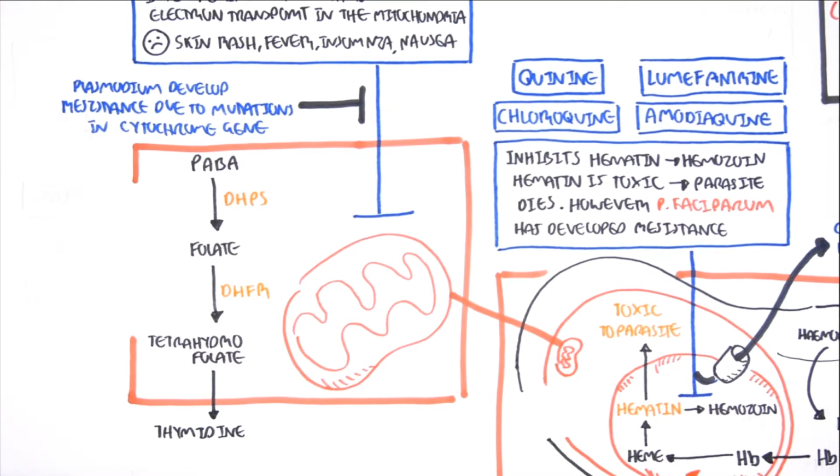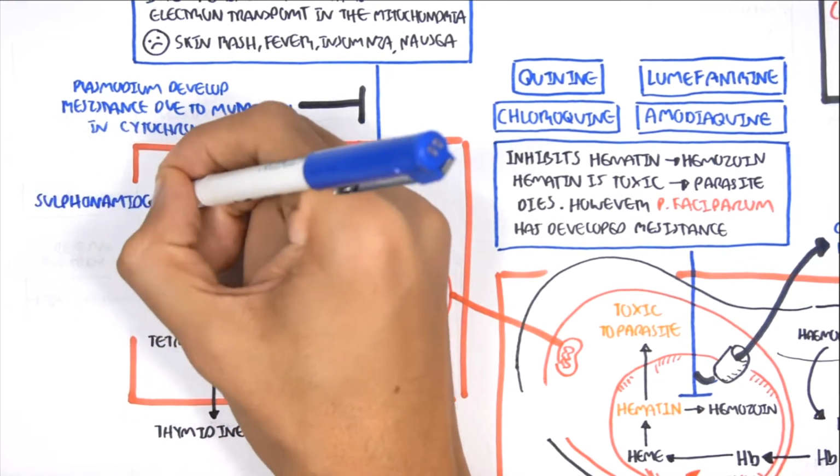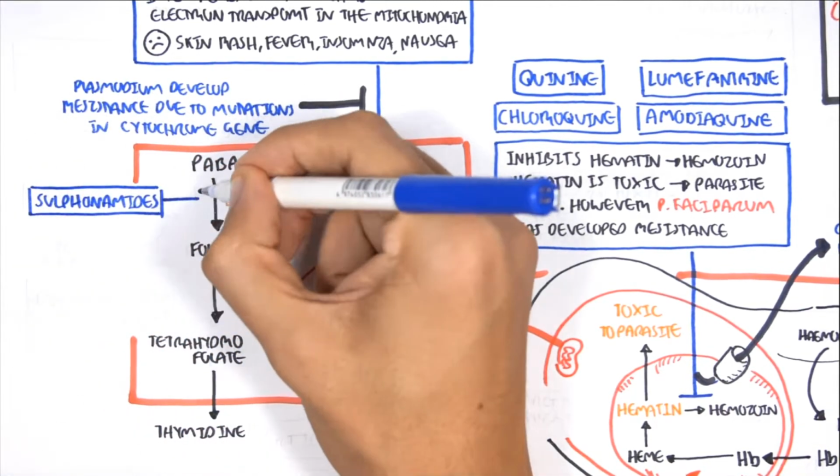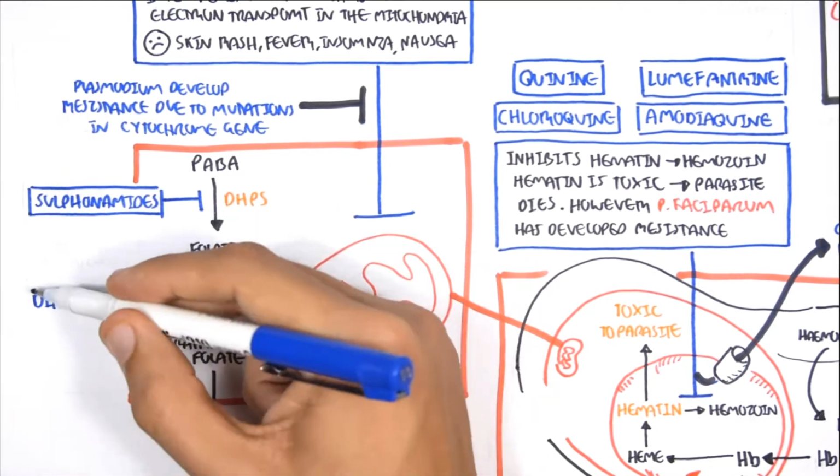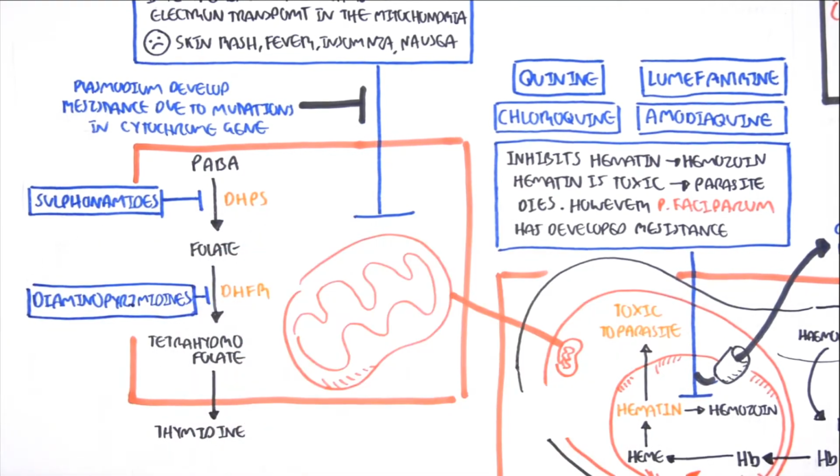These drugs are also antibiotics and include sulfonamides, which inhibit the enzyme DHPS, and diaminopyrimidines, which inhibit DHFR. The parasite has also been able to develop resistance to these drugs through genetic mutations of the enzyme, making different enzymes.